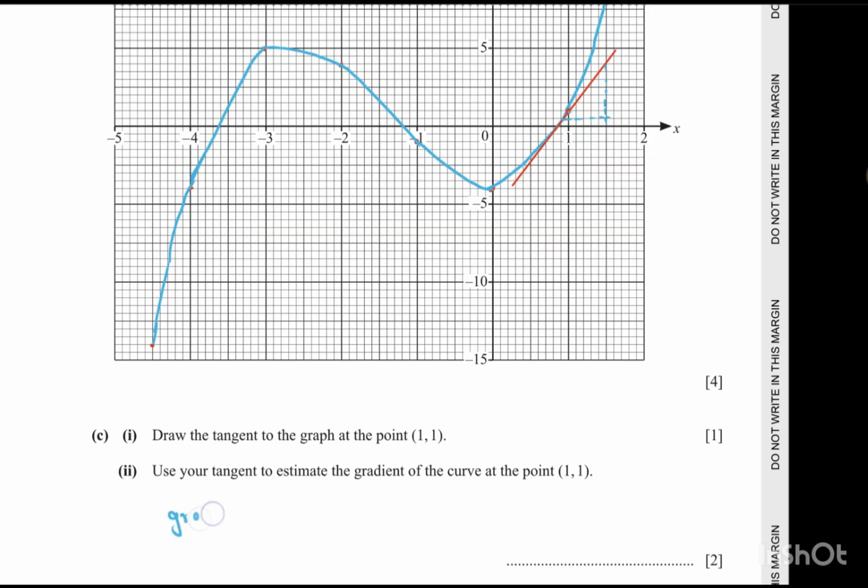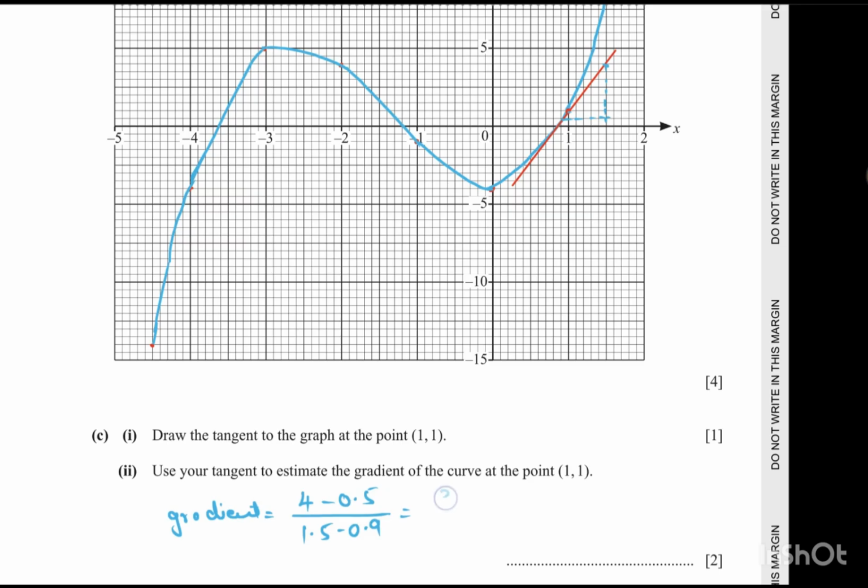Now take the change in y by change in x, that will be the gradient. So y is exactly at 4 here, and 0.5. So 4 minus 0.5 by change in x, which is 1.5 minus 0.9.